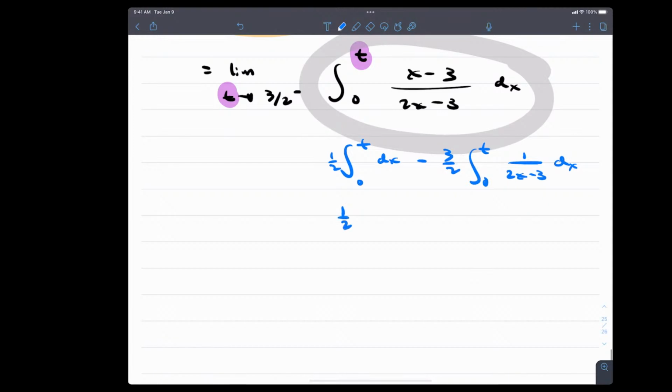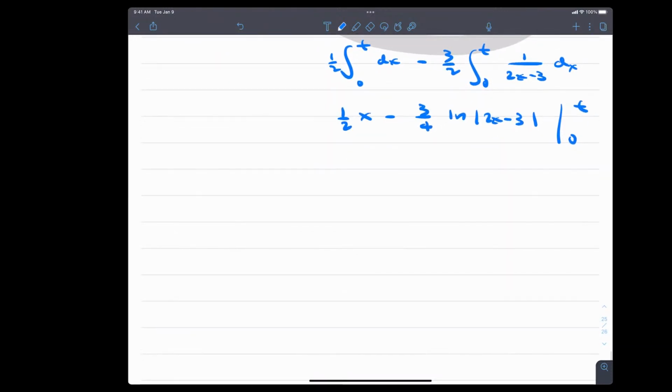This is a 1/2 what? X. And then you're going to use u sub, right? So this is going to become minus 3/4 natural log absolute value 2x minus 3, from 0 to t.